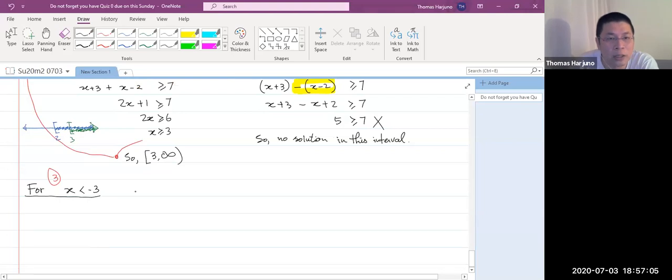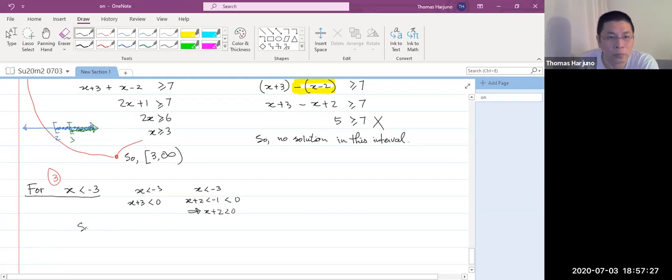So when x is less than negative 3, then x plus 3 will be negative. And because x is less than negative 3, x plus 2 will be less than negative 1, which is less than 0. So that implies x plus 2 is negative.